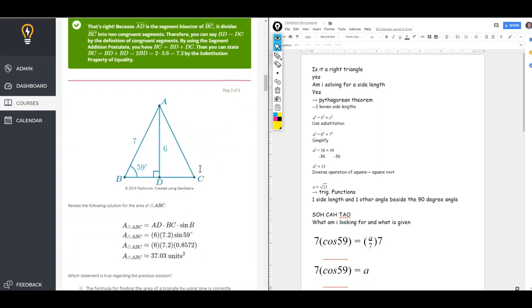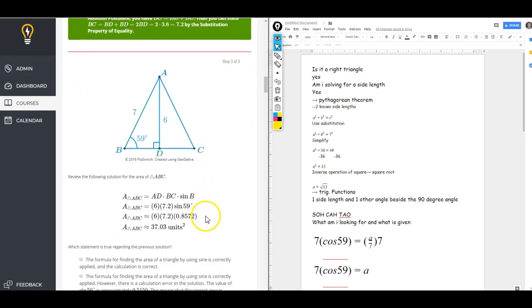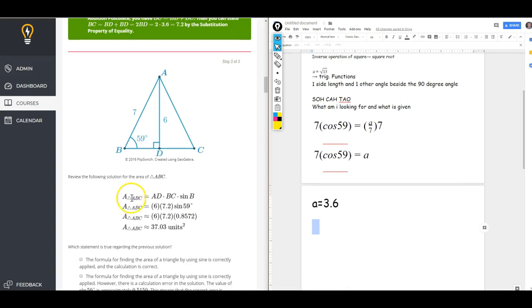So now it says review the following solution for the area of triangle ABC. Area of triangle ABC is equal to the distance of AD times the distance of BC times sine of B. Area of our triangle is equal to 6 times 7.2 times sine of 59. Then they simplified sine of 59 in this step, and then area of triangle ABC is approximately 37.03 units.